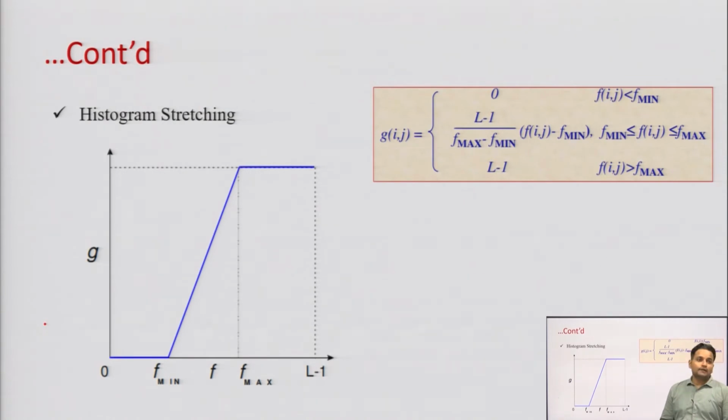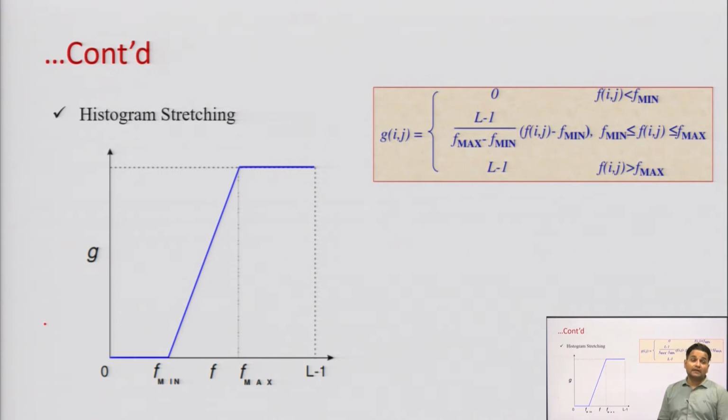Okay. Now, if we talk about another linear equation, then histogram stretching is also there. So, you can observe if we have an f kind of image, then you directly find the g kind of image, that is the totally enhanced image by using this phenomenon. So, here you can observe g of i of j is 0 when f i of j is less than f of minimum.